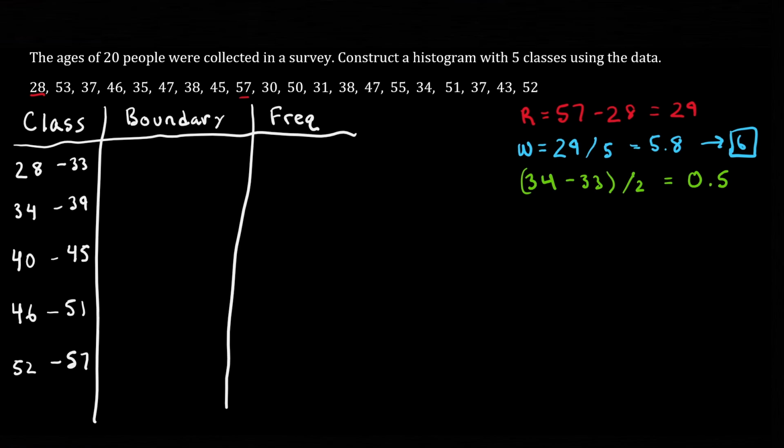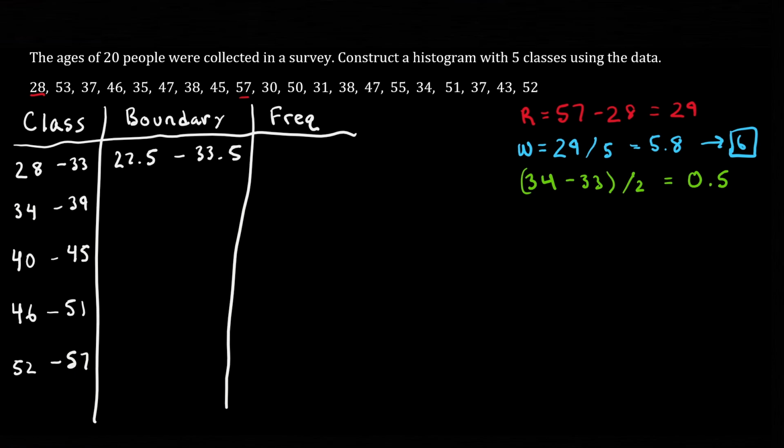Now using this number, subtract it from each lower bound and add it to each upper bound to find the class boundaries. So for the first class, the lower bound is now 28 minus 0.5, which is 27.5. And the upper bound is 33 plus 0.5, which is 33.5.